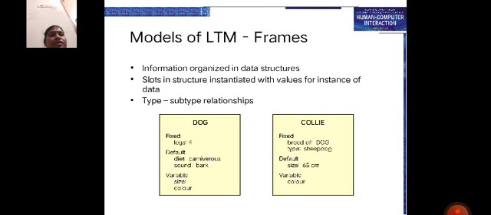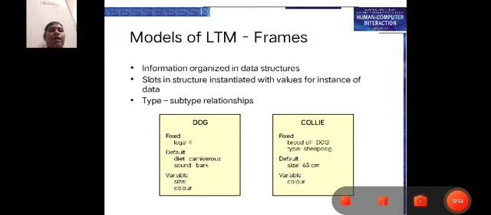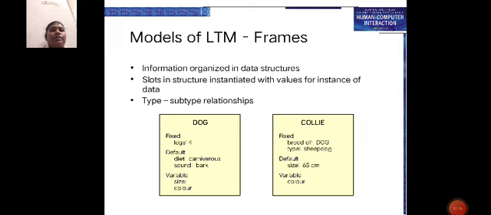And the models in terms of frames come under information organized in data structures. Slot structure is initiated with the value for an instance of data. For the subtype relations of dog, legs is fixed, equal to 4, and by default it will be carnivorous and barking. A collie is a breed of dog, and a type of sheepdog.